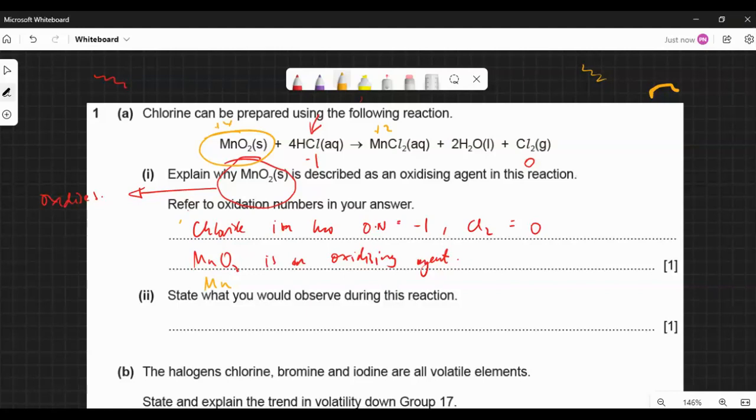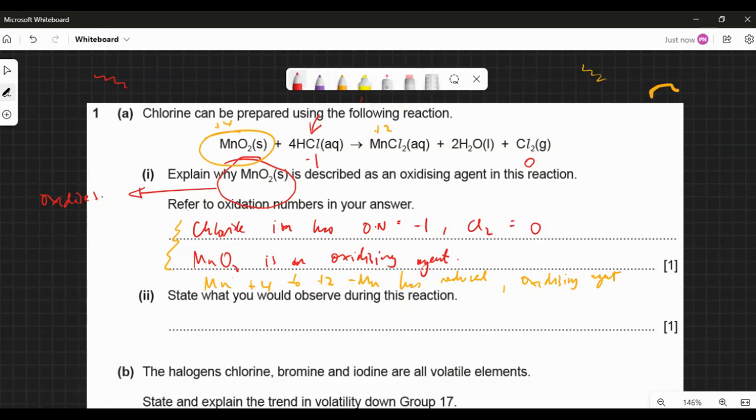So another just as valid answer would be the Mn has gone from oxidation number of +4 to +2. So the manganese ion has been reduced. And if something has been reduced, it therefore, by definition, must be an oxidizing agent. Are we all good?